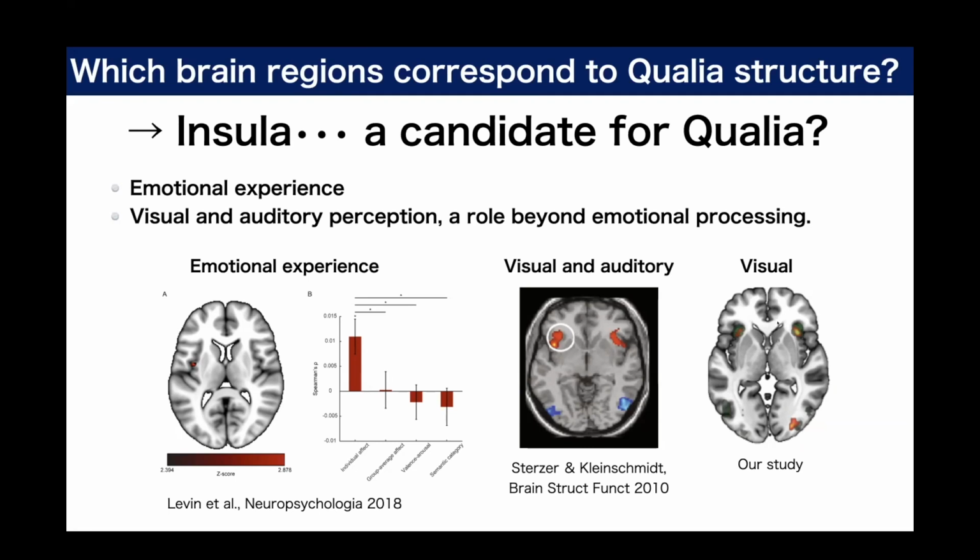But a meta-analysis of color processing using fMRI indicates these insular activations, in green here, and also our study as well. So there might be something here: regardless of stimuli, our experience might be expressed in some way in the insula.